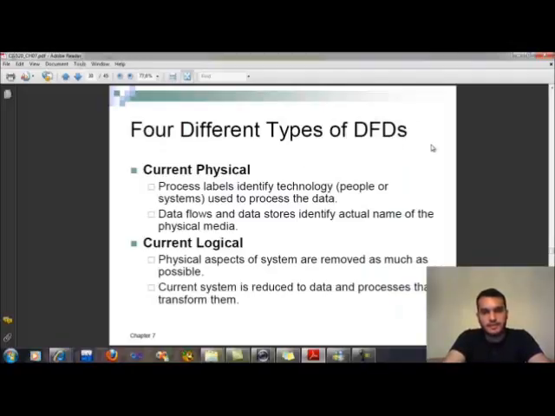For different types of the DFDs, one of them is current physical, and in current physical the process labels identify the technology used to process the data, and the data flows and data stores identify the actual name of the physical media. The second one is current logical, where physical aspects of the system are removed as much as possible, and the current system is reduced to data and the processes that transform them.